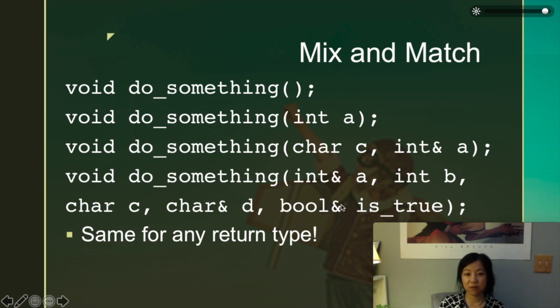Even Boolean works. And also, I think you probably know already, but just want to remind you that any return type works so far that we've talked about: the int, characters, booleans, and floats and doubles, for example.